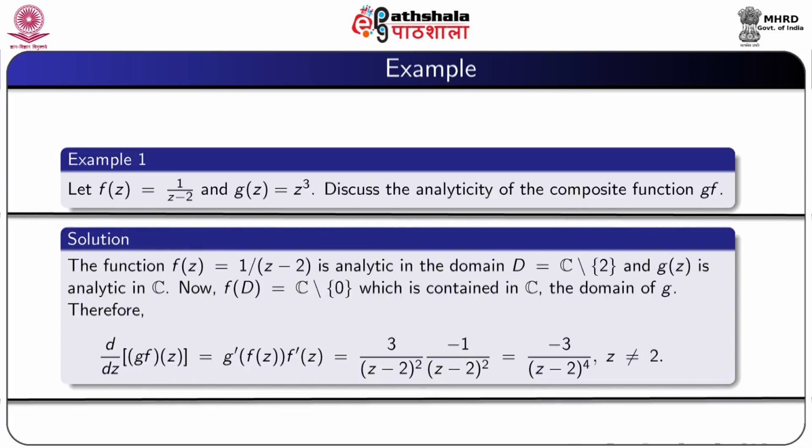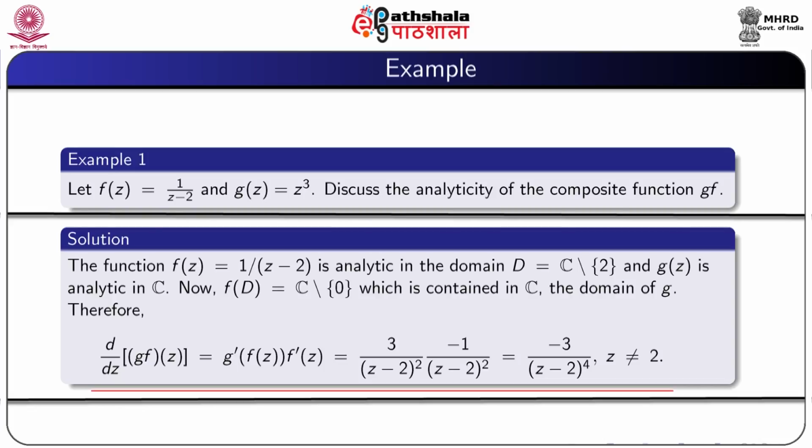So, here the function f(z), that is equal to 1 by z minus 2, is analytic in the domain D, which is equal to the complex plane C except the point 2, and g(z) is analytic in C. Now, f of D is equal to the complex plane C excluding the point 0, which is contained in the complex plane C, that is the domain of g.